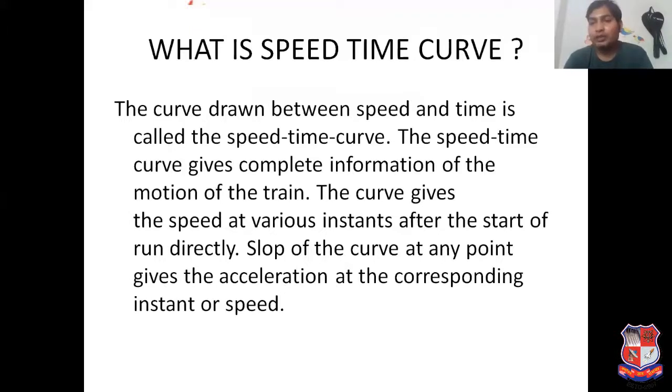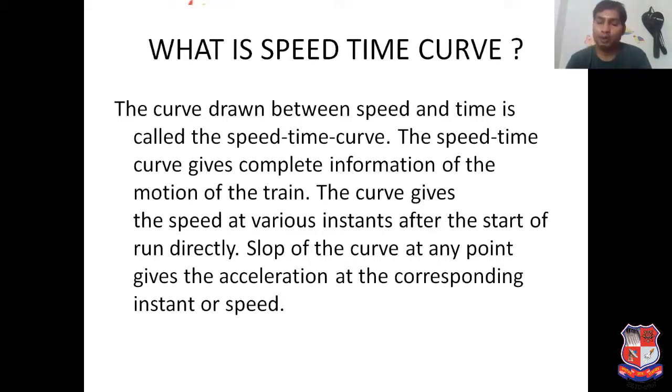Actually, speed time curve is a curve which represents speed versus time. But important thing is that here speed is generally in kilometer per hour and time will be in second. That is because generally train speed, vehicle speed, is measured in kilometer per hour, and its representation is fine for us if we are representing it on each second.